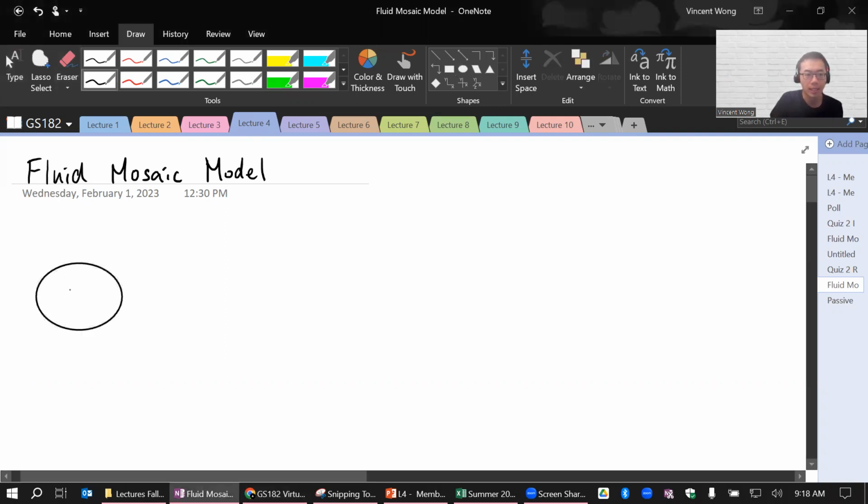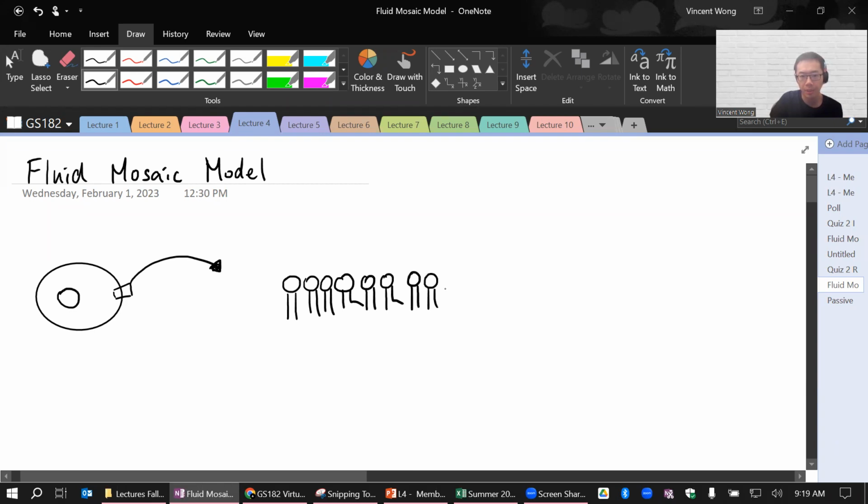Here is the cell, and here is the nucleus. We're going to take a slice of the cell membrane and see what it looks like. We're going to have these phospholipids, and you can draw a bunch of them. Some of them have kinks in their fatty acid tail, and some of them don't.